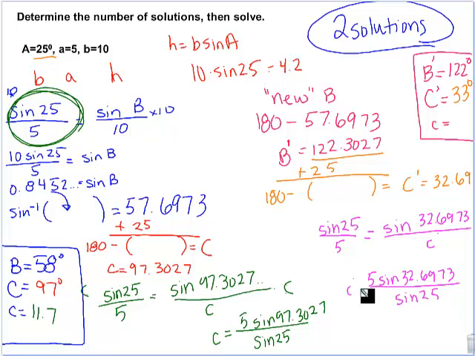That's our new C. Multiply by 5, divided by sine of 25. And what do we get for our other side C? So 6.4? All right.